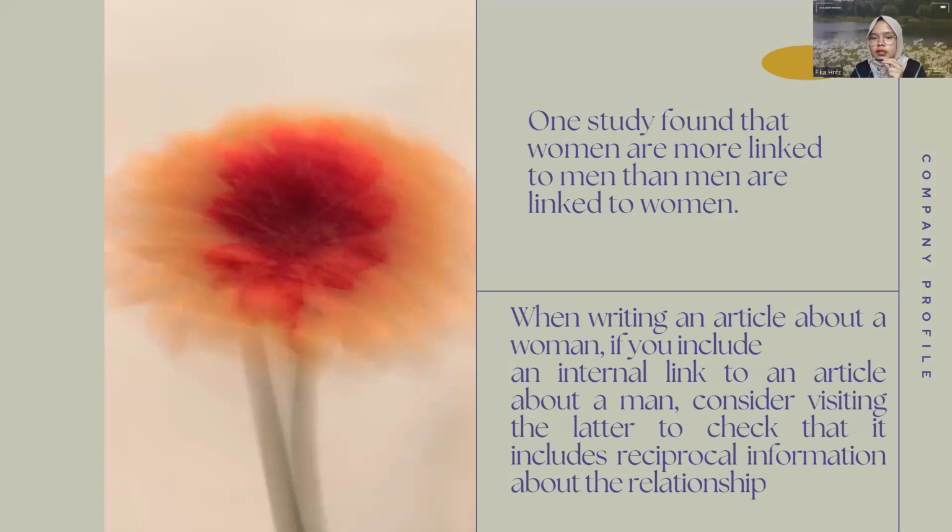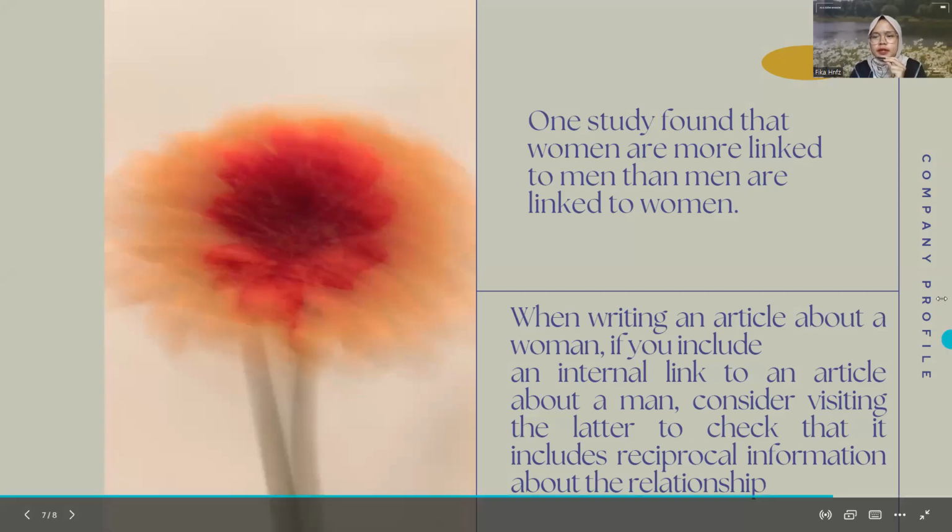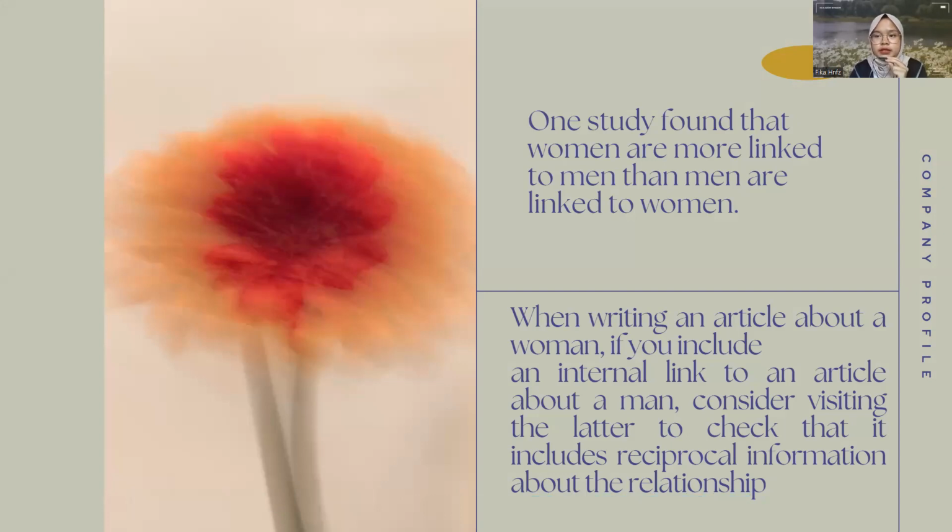When writing an article about a woman, if you include an internal link to an article about a man, consider visiting the latter to check that it includes reciprocal information about their relationship. So it is just really a controversial thing that you should remind yourself of if you want to write an article.